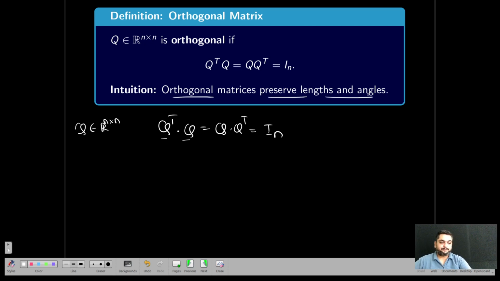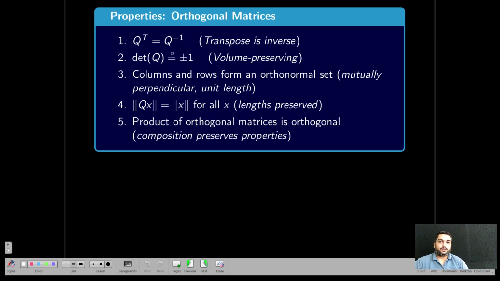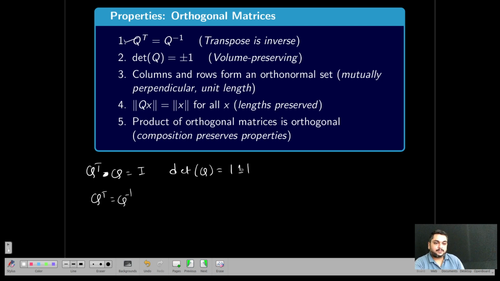We'll see. Okay. What are the properties? So Q transpose Q is equal to Q Q transpose is equal to I, means Q transpose is equal to Q inverse. So that is the first property. Second is the determinant of all these will always equal mod of 1, that is plus or minus 1.